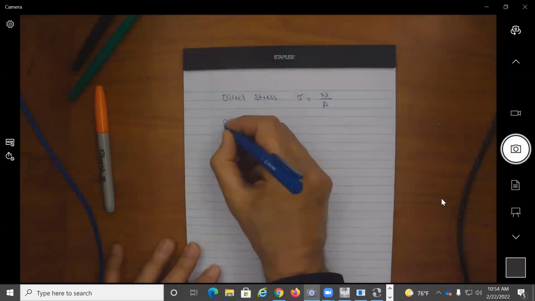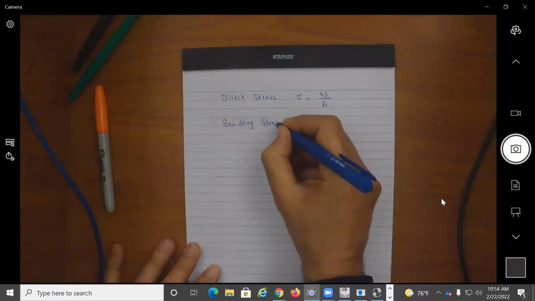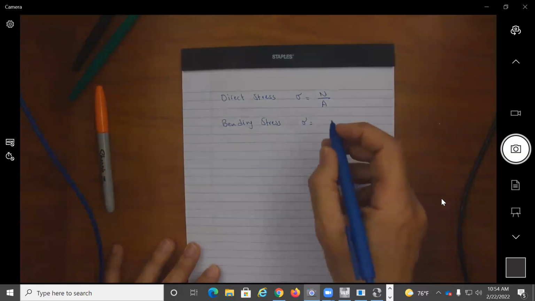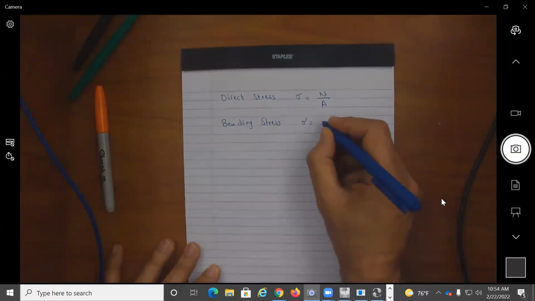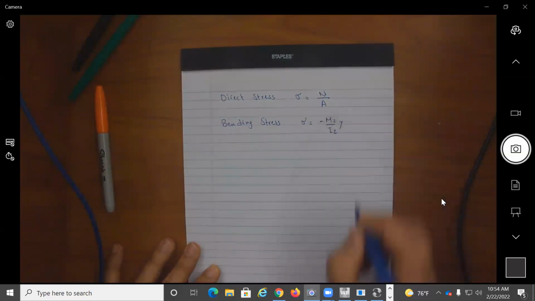A bending stress sigma is calculated from the bending, which is minus Mz over Iz times y.